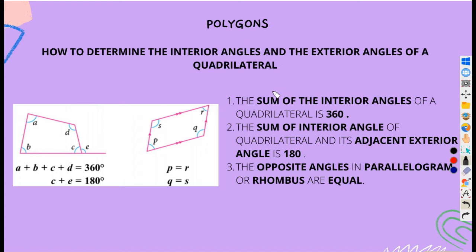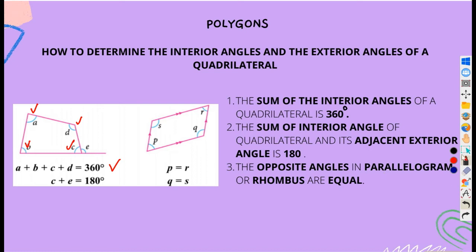The sum of the interior angles of a quadrilateral is 360 degrees. That means all the angles here, A, B, C, D, which are the interior angles of the quadrilateral, add up to 360 degrees.